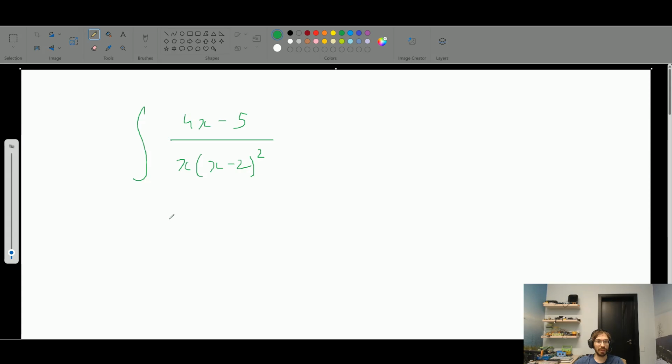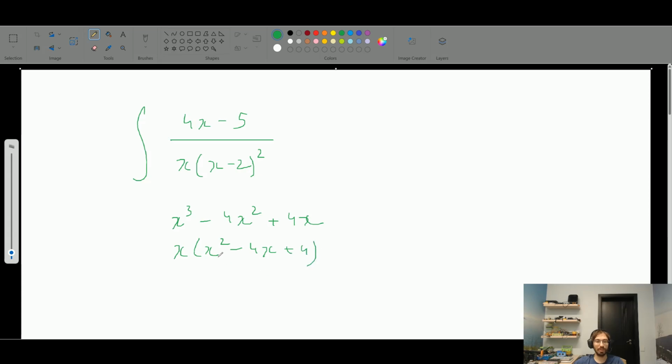For example, when the bottom is initially written as x cubed minus 4x squared plus, let's say, 4x, you need to factorize it first. You pull out x, and it will be x times, in brackets, x squared minus 4x plus 4.